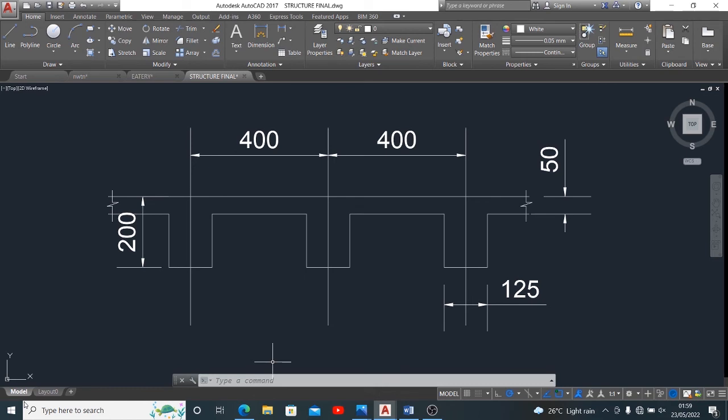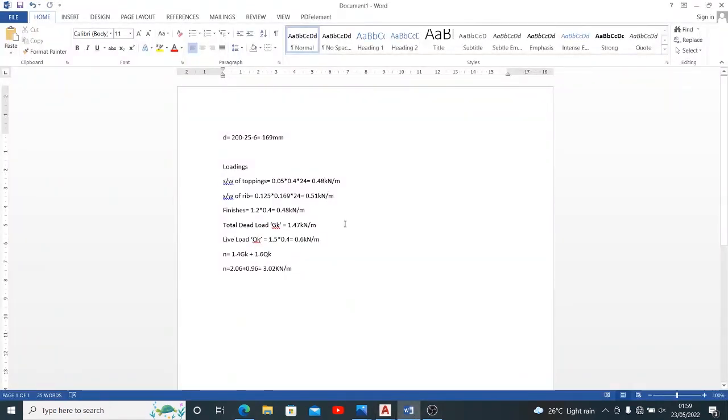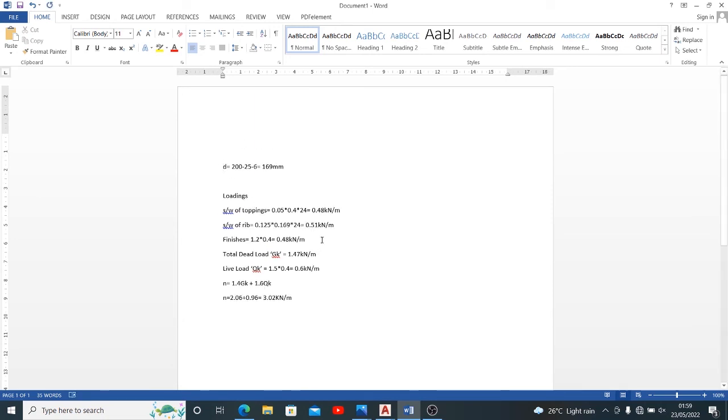So that's how we arrived at this. For this particular design, we'll be making use of all this consideration. So let's get into our loadings. Now, this is going to be our loadings, and I'll explain about the loading so that you will be able to get me clear.